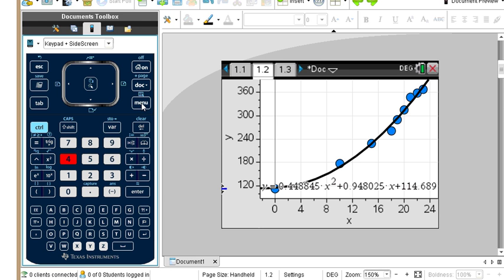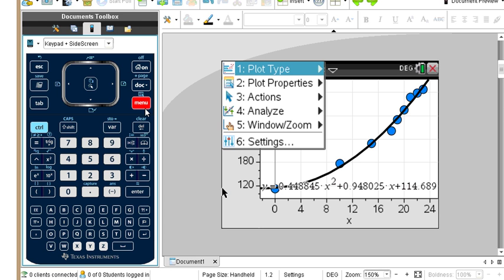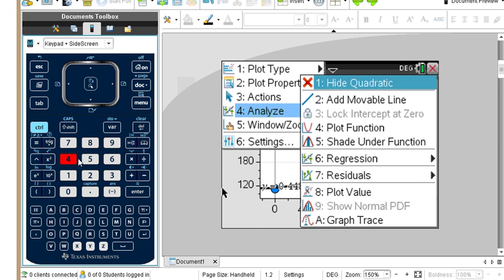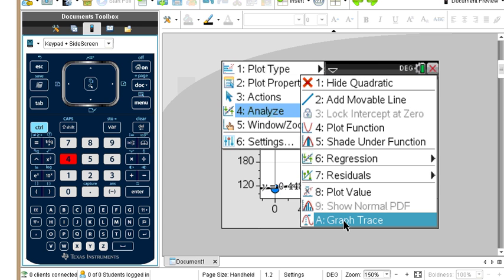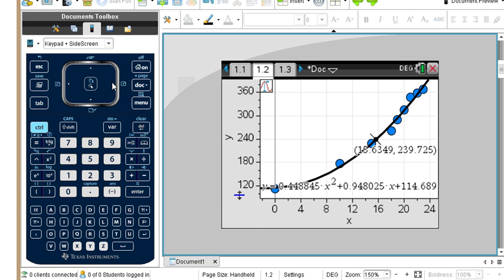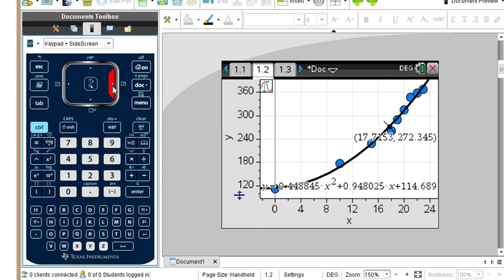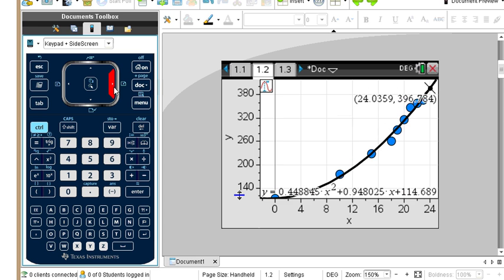We go to Menu, Analyze, and then Option A, Graph Trace. Then we can just go to the right, and we can see 286,294. When we get closest to 450,000, let me just keep on going up.